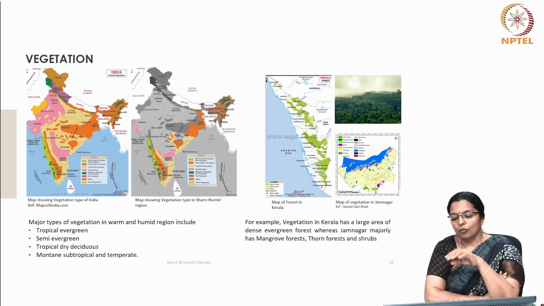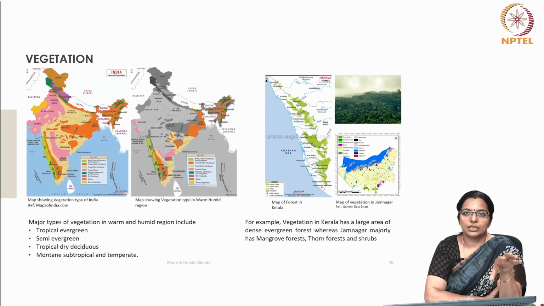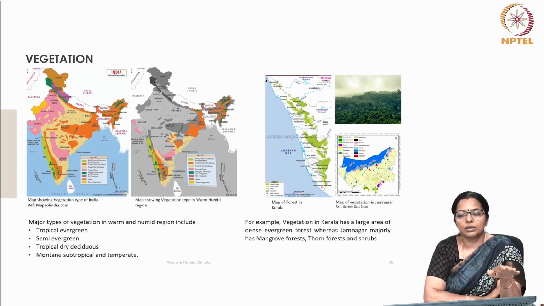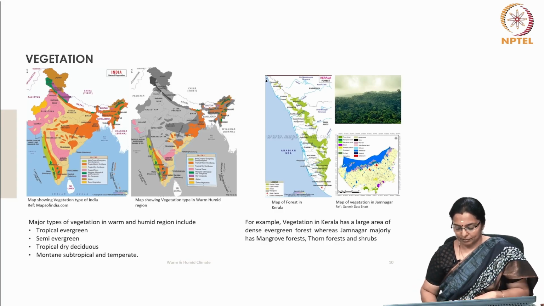So there is no one common type of vegetation found here. The only commonality is that towards the coast, coconut trees are found in abundance. Otherwise, based on the combination of soil, temperature, and precipitation, the nature of vegetation varies.